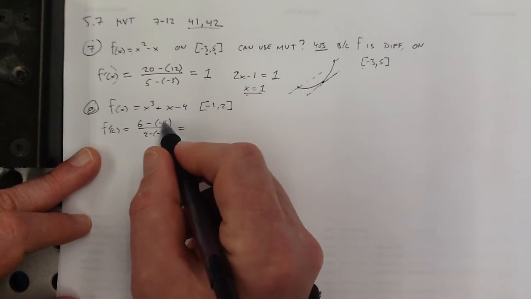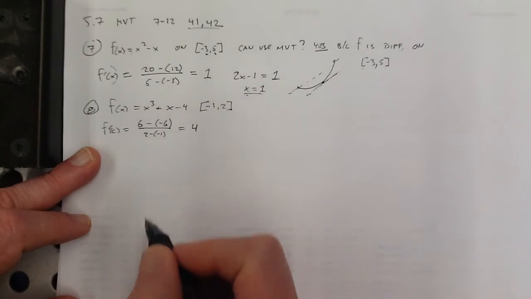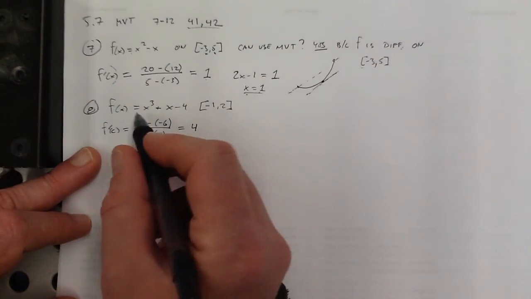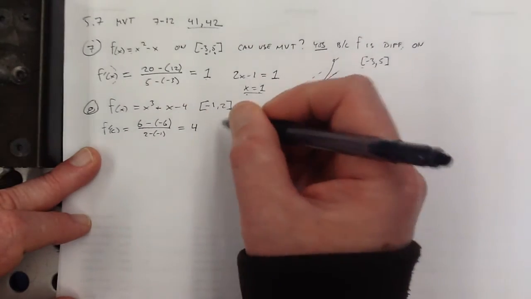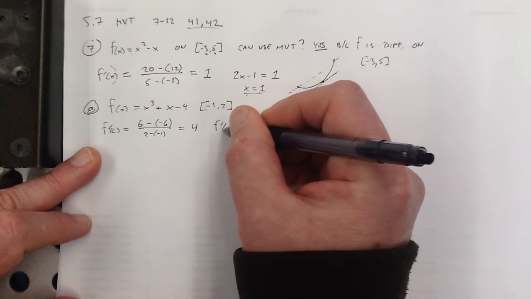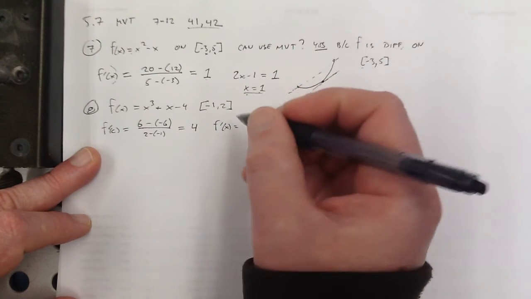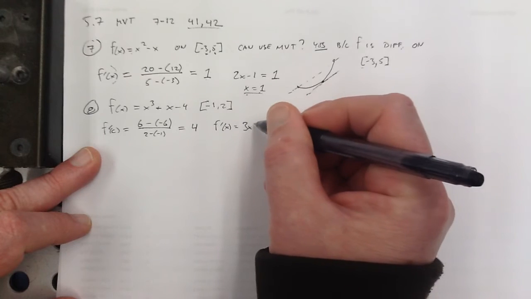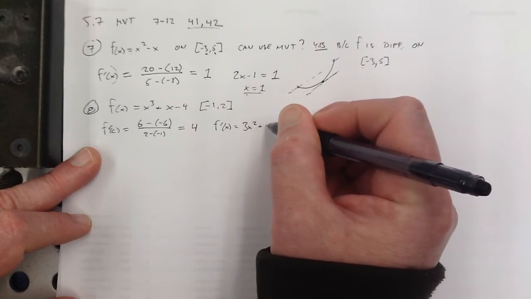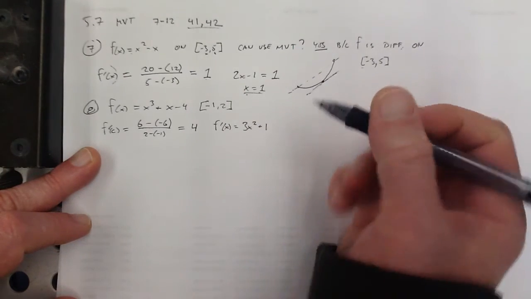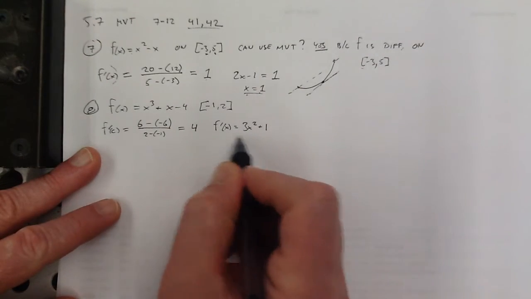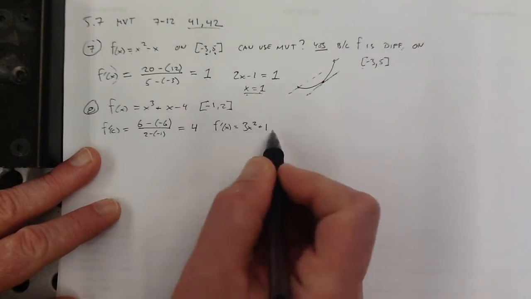That is 12 over 3. Okay, so what's the derivative of this? F prime of x is equal to 3x squared plus 1.